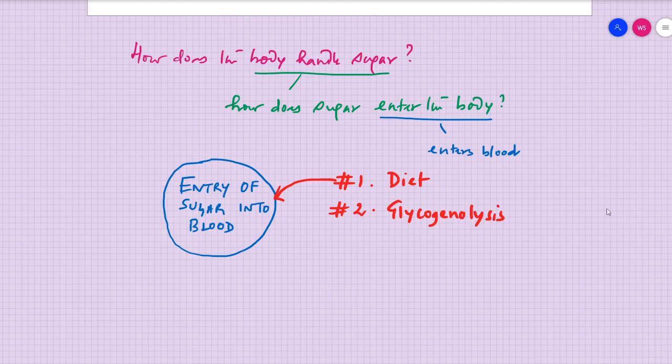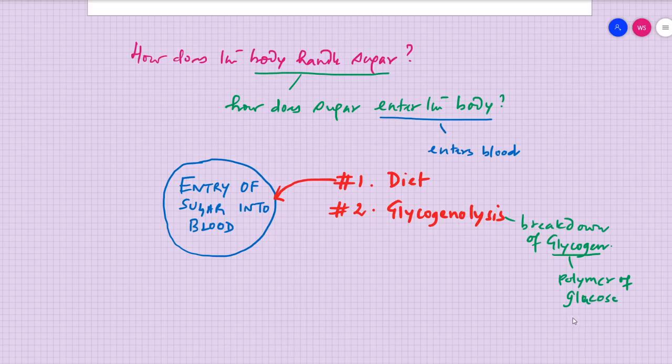Okay, what is glycogenolysis? Right, it is the breakdown of glycogen. What is glycogen? It is a polymer of glucose. Which is biosynthesized and stored in the liver. Okay?